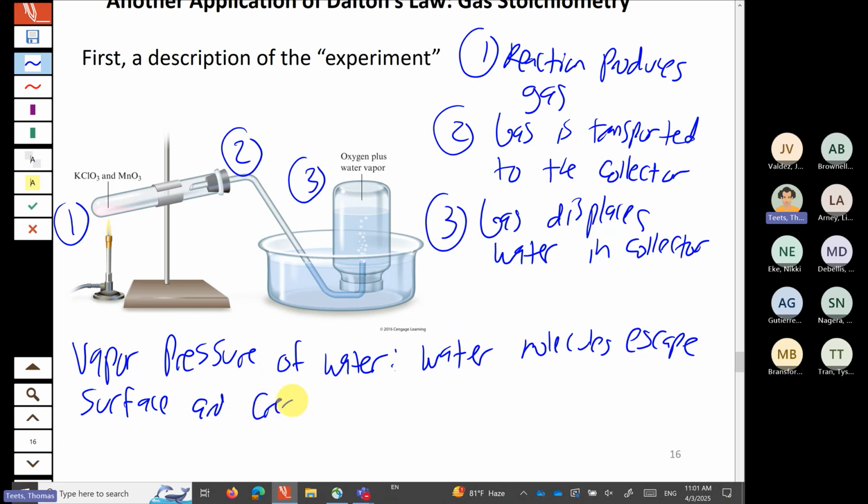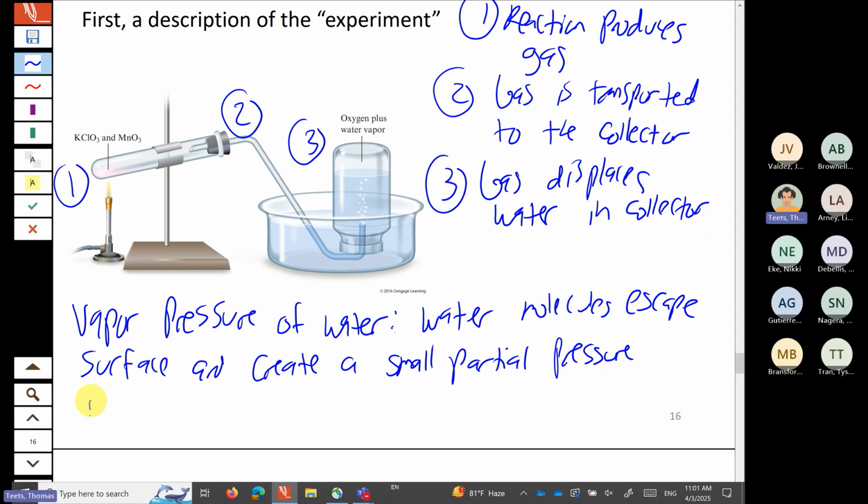And so they create a small partial pressure of water vapor above the surface of the liquid. And the vapor pressure is temperature dependent. So depending on what temperature the experiment is done at, and we'll talk more about this in the next chapter, you're going to have a different value for that water vapor pressure.